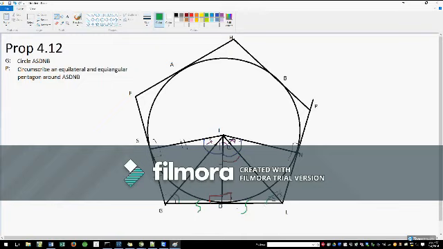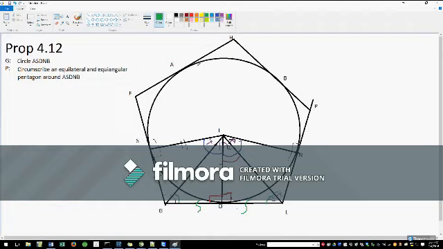Therefore the angles SGD and DLN are equal. And similarly, we can prove that the other angles at F, H, and P are equal also. Therefore all the angles at F, H, P, L, and G are equal. Therefore it's equiangular, but it was also proved equilateral.